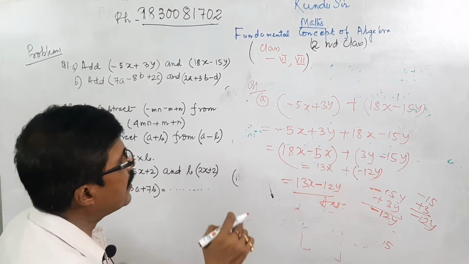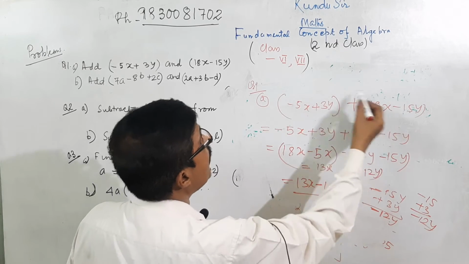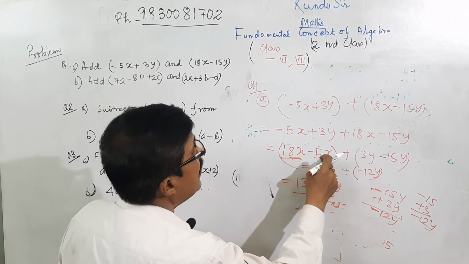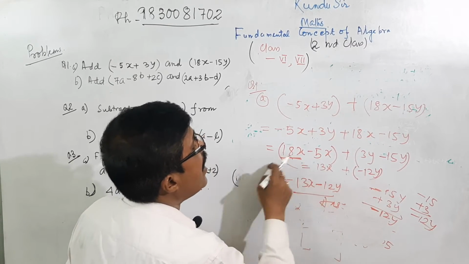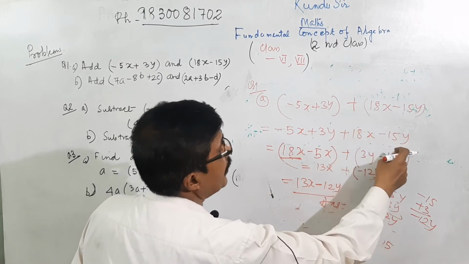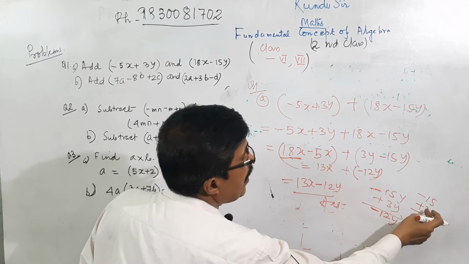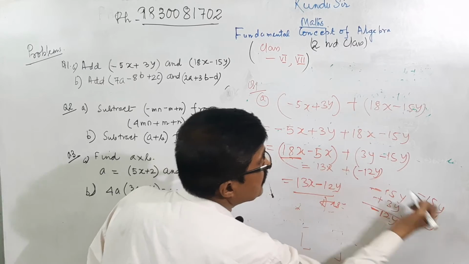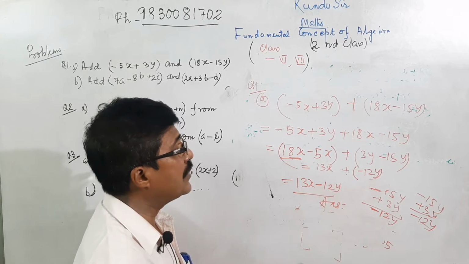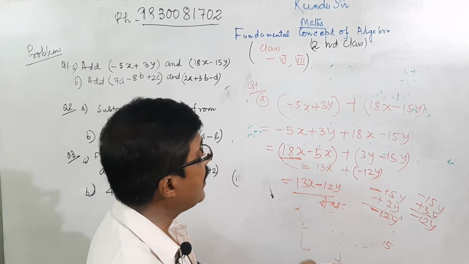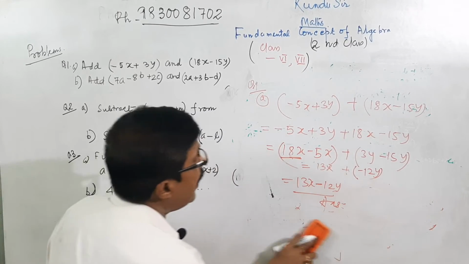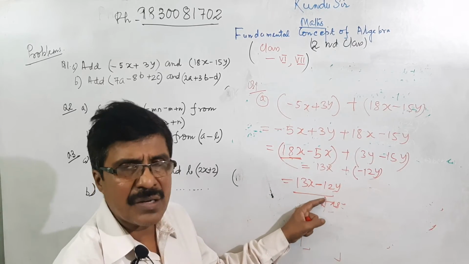Once again I am explaining: we arrange the same literal terms, 18x minus 5x, the net result is 13x, and 3y minus 15y, minus 15 plus 3 equals 12, with y and a negative sign. So the working part I am reviewing and it is clear, it is 13x minus 12y.